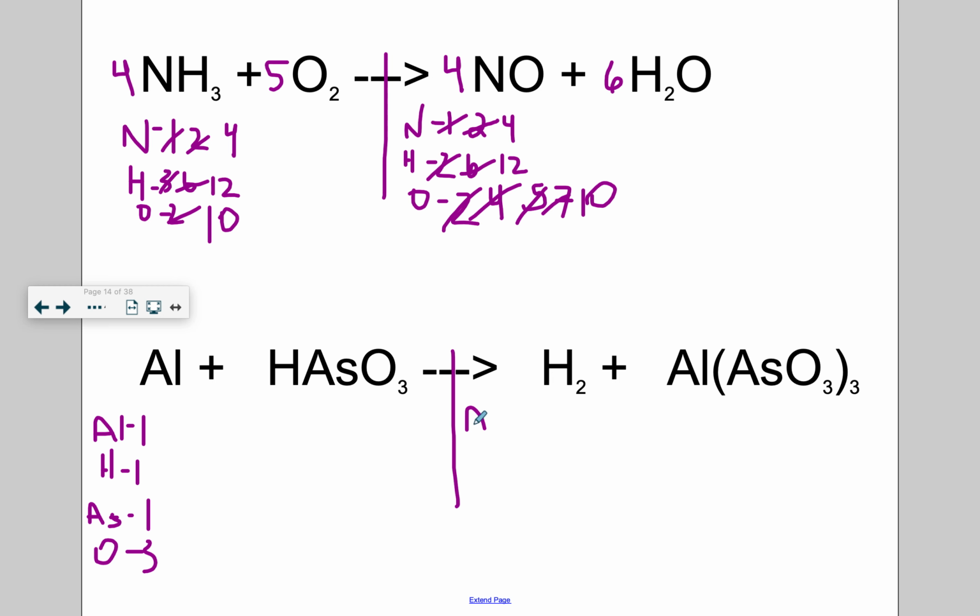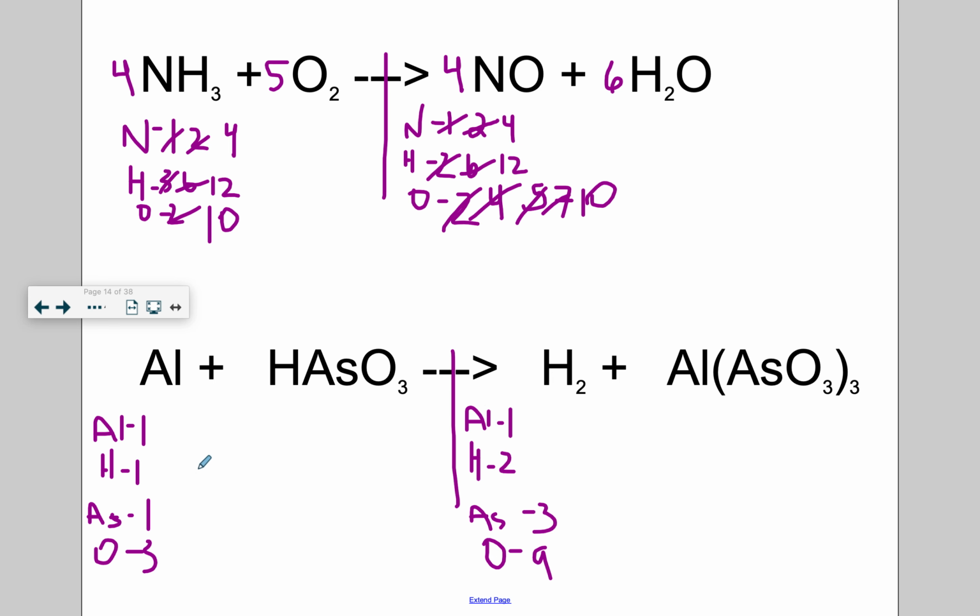Over here, aluminum, 1, hydrogen is 2, arsenic is 3. This 3 goes to everything in the parentheses, so 3. And then oxygen, 3 times 3 is 9.